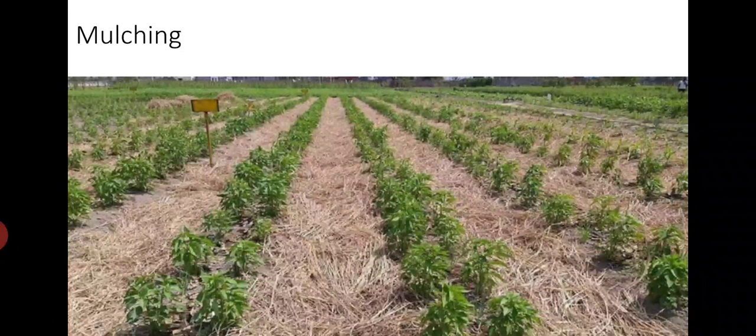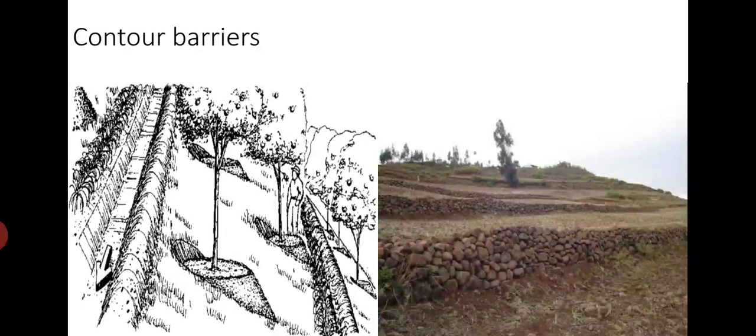Mulching is basically a type of agriculture in which, when we do agriculture and the plants are sown in the land, the area which doesn't have any plant would be covered by straw, so that we are able to conserve the moisture, and also it will not allow the soil to be exposed to the factors of erosion.